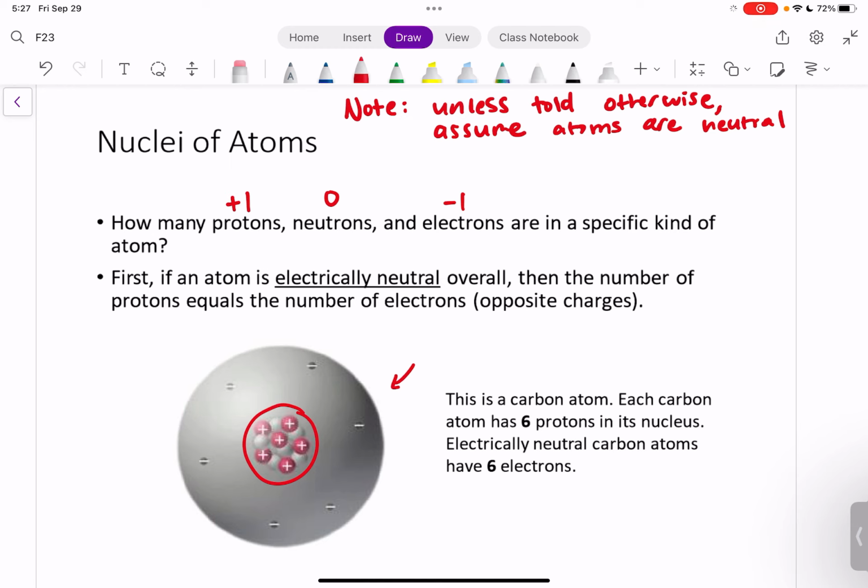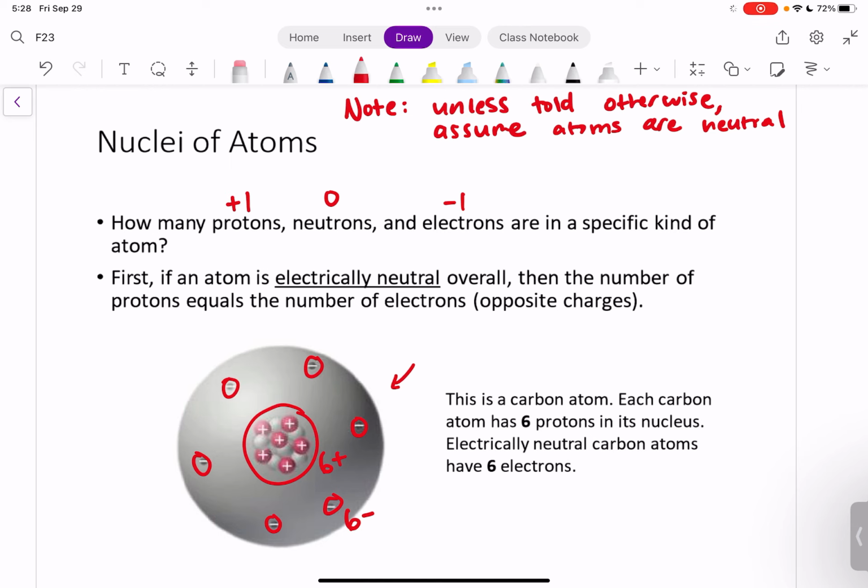So this is a carbon atom and we have 6 protons, and each of those protons has a positive charge. So right now, just looking at the nucleus is contributing 6 positive charges. And then on the outside, we have our electrons, and let's count, we've got 1, 2, 3, 4, 5, and 6 of them. So 6 negative charges.